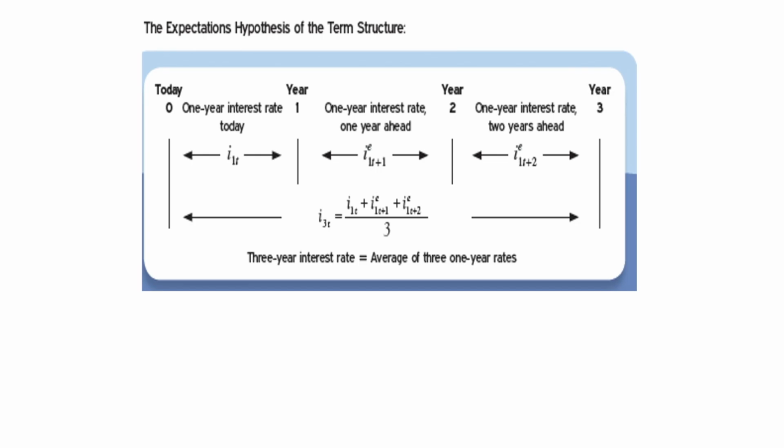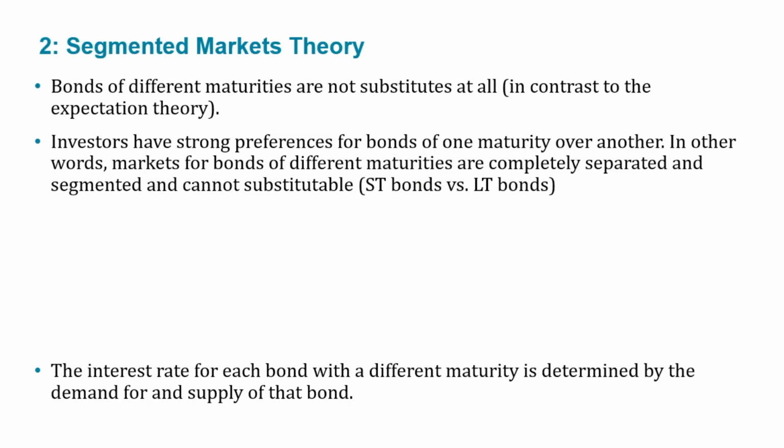If we put it a little more systematically, I have one figure to show you: the 1-year interest rate today, the 1-year interest rate 1 year ahead, and the 1-year interest rate 2 years ahead. Then the 3-year annual interest rate is the average of the 3 1-year interest rates.